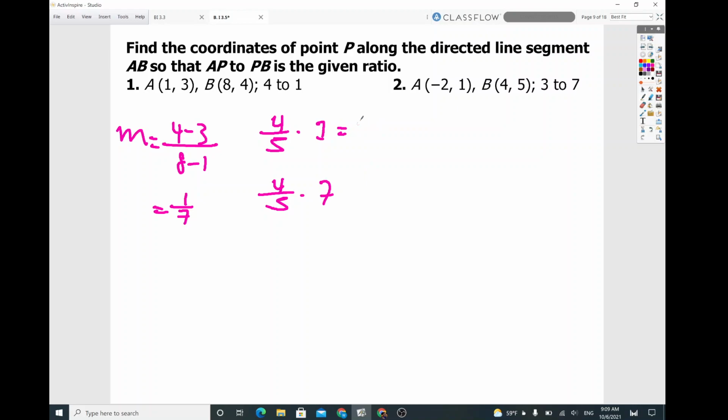To get the increment, 4/5 is the rise, and then 28 over 5 is the run. Just add it from point A: 1 plus 4/5, and then 3 plus 28 over 5. Just finish that. The other one is quite similar, same process as what we were doing.